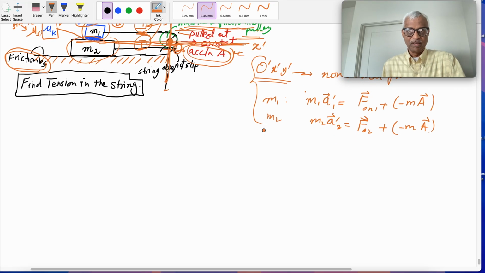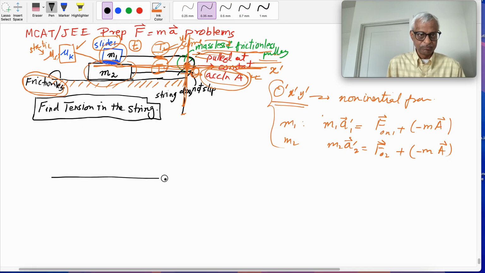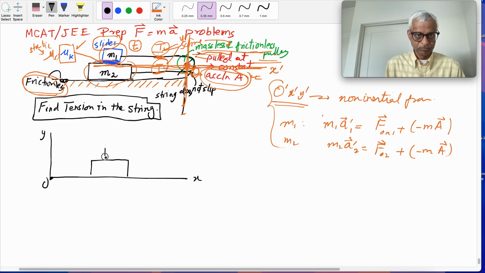However, we're going to do it in an inertial frame. So we are going to redraw this thing. The frame will be here at this point. And the pulley is over here.